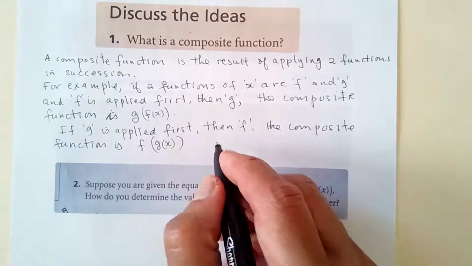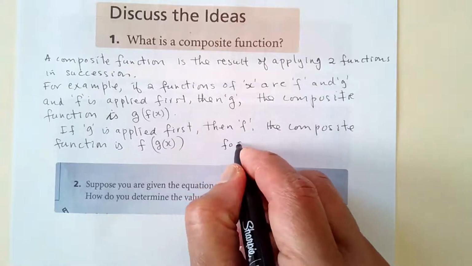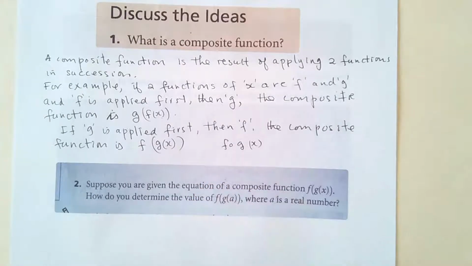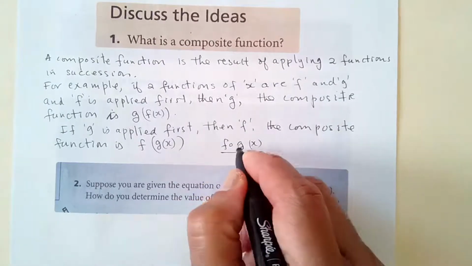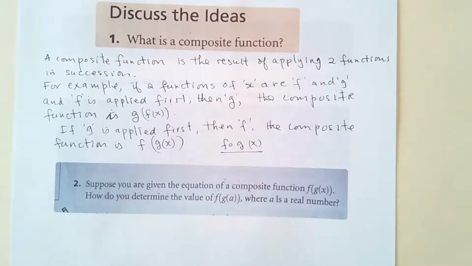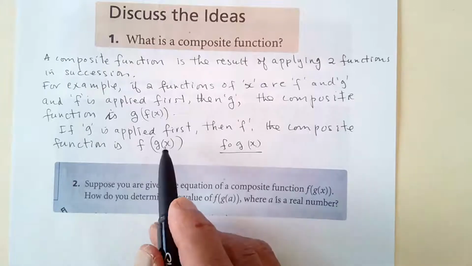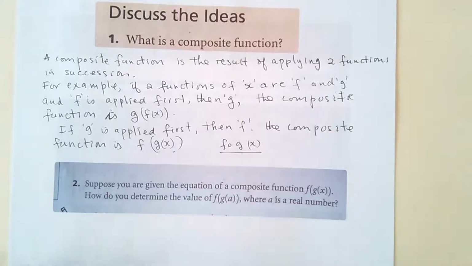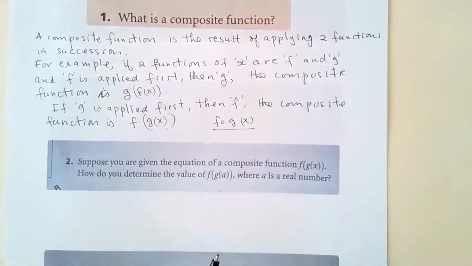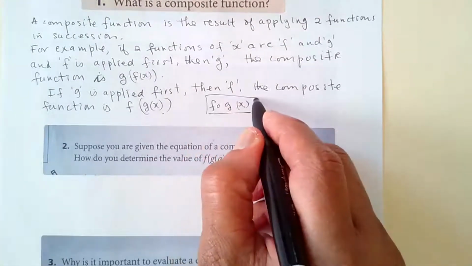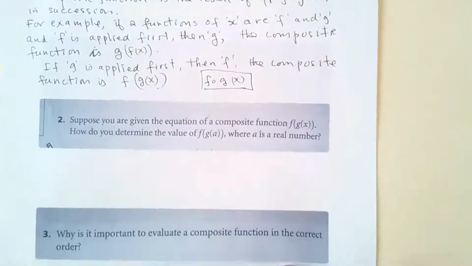By the way, you can write this as f of g x. So this means f of g at x. So it depends which is applied first. What is applied first is what's on the inside. Okay, let's remember that. So we've done a few examples already of this.